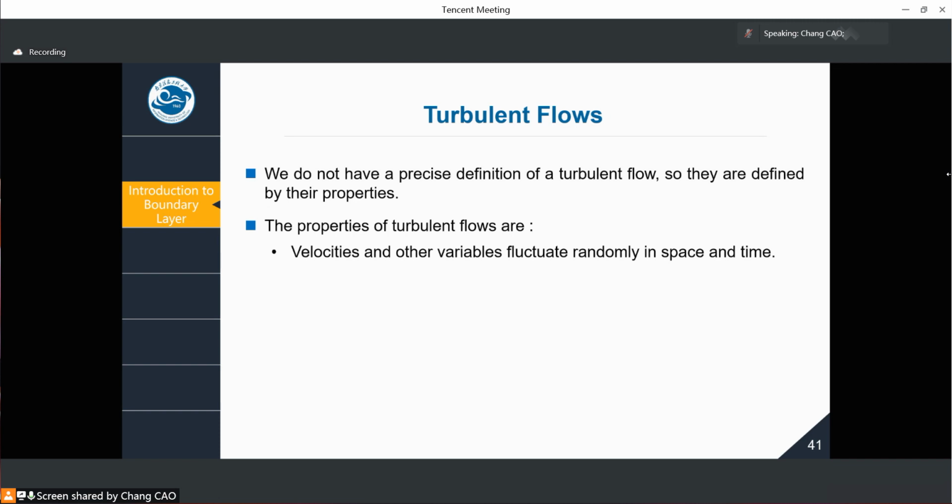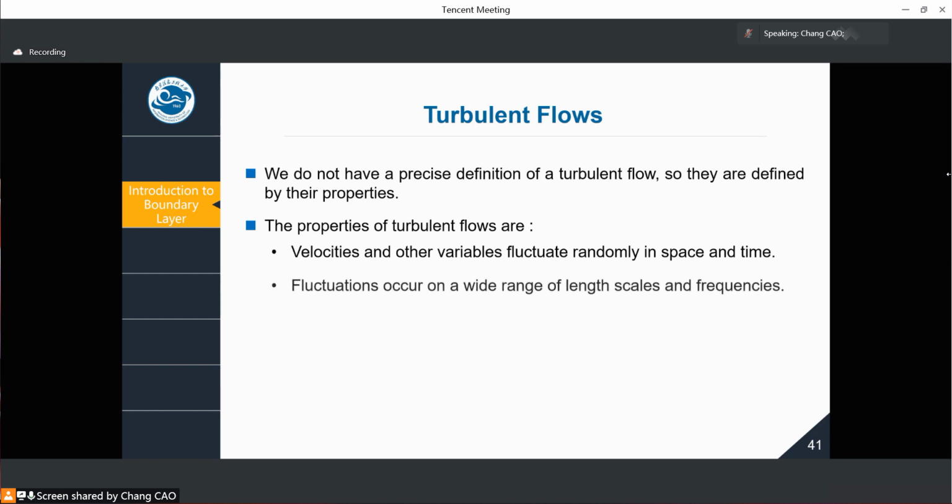So from the first property, we should know that turbulence is very random. This was also mentioned in Leonardo's description. Can you still remember that? So the first property of turbulent flow is that they usually vary randomly.